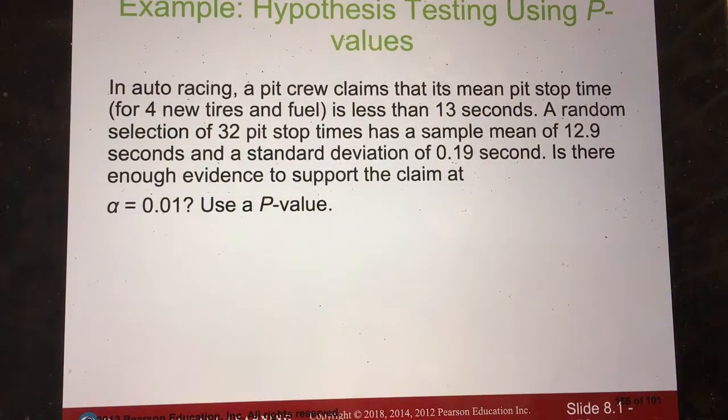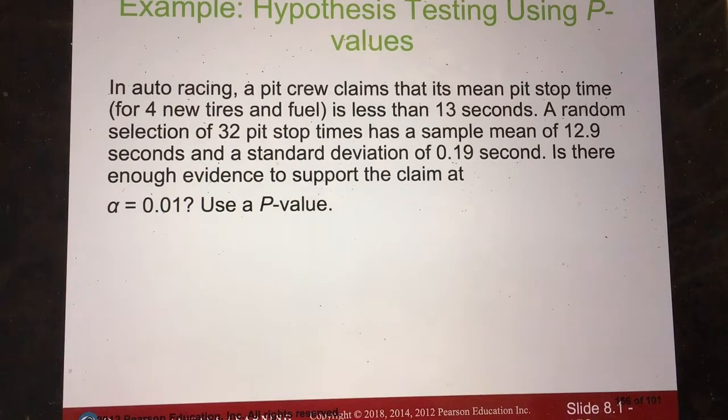In auto racing, a pit crew claims that its mean pit stop time for 4 new tires and fuel is less than 13 seconds. A random selection of 32 pit stop times has a sample mean of 12.9 seconds and a standard deviation of 0.19 seconds. Is there enough evidence to support the claim at 0.01?